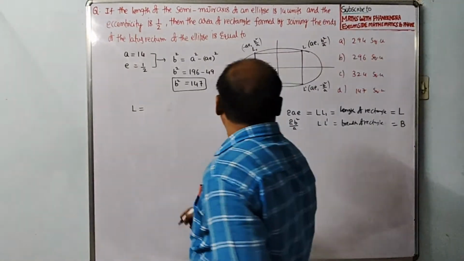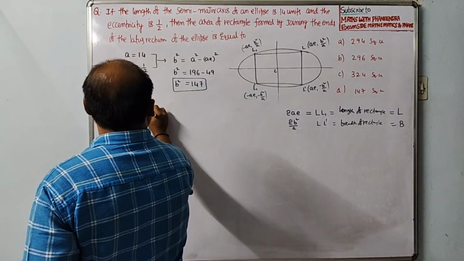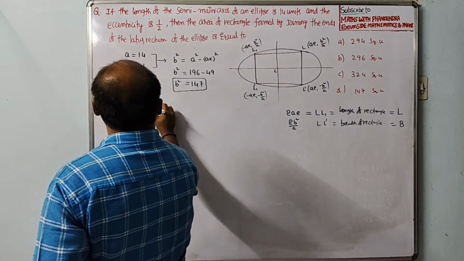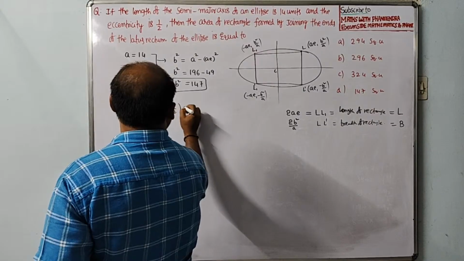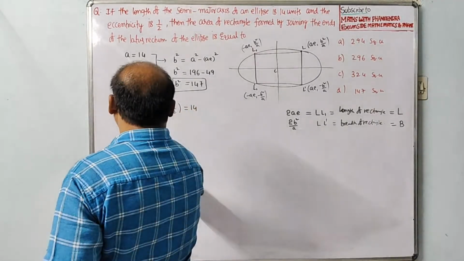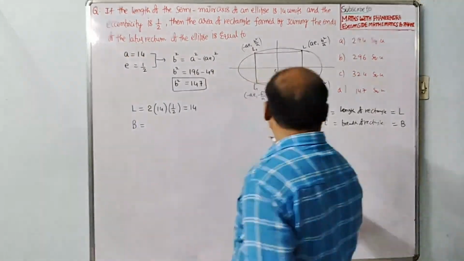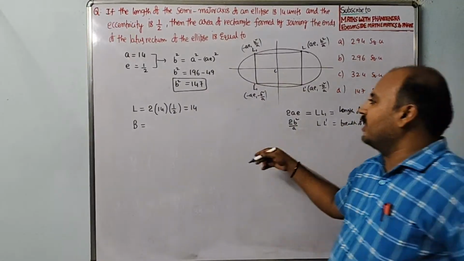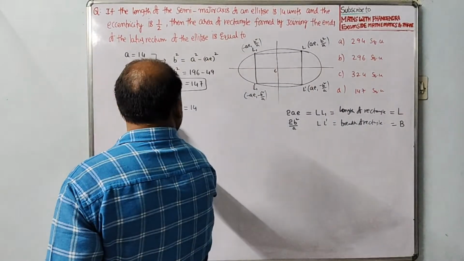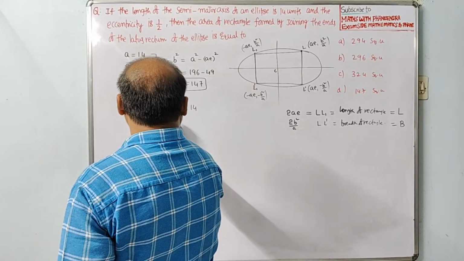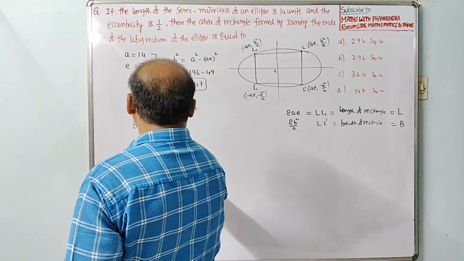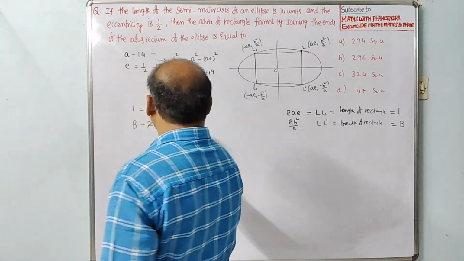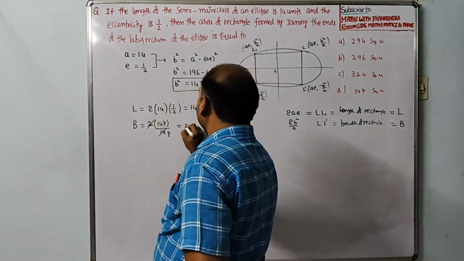Length L is equal to 2AE, which means 2 into 14 into 1 by 2, so it is equal to 14. Breadth B is equal to 2B square by A, which is 2 into the B square value 147 by A, and A is 14. So 2 ones, 2 sevens, 7 twos are 7 ones, giving 21.